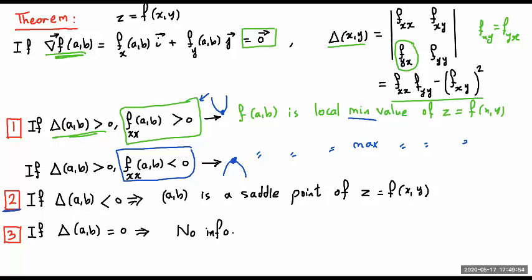Okay. Now, case number 2. If delta is less than 0, then the point (a, b) is a saddle point for the function. What is the meaning of a saddle point? Remember, it will be something like this.